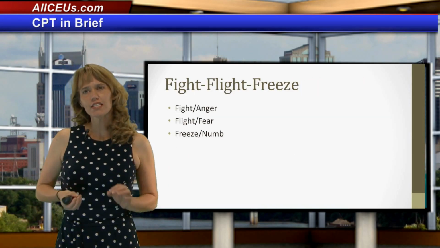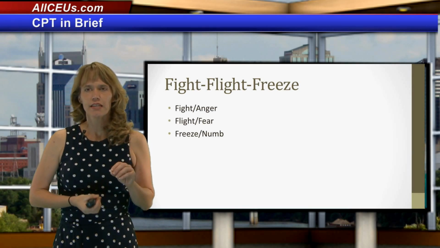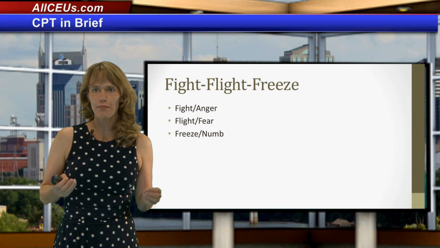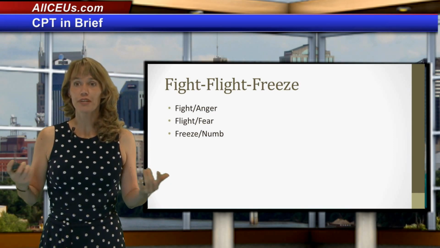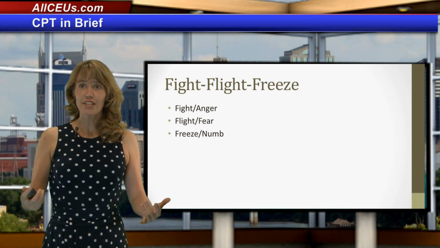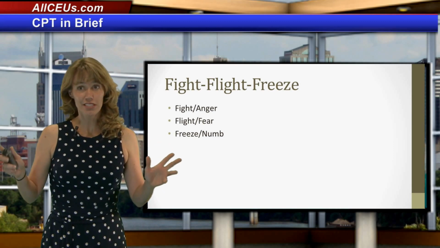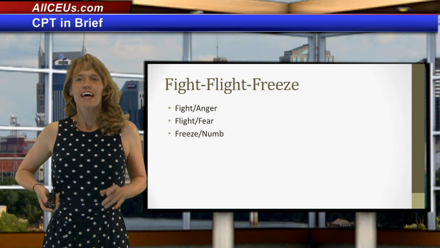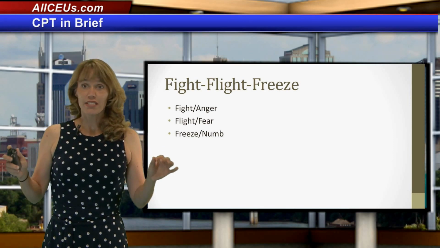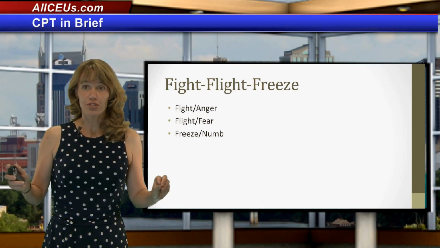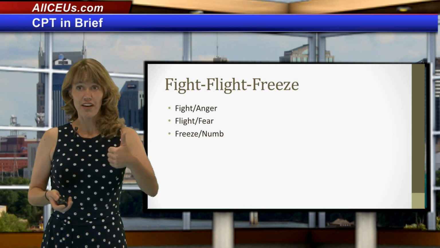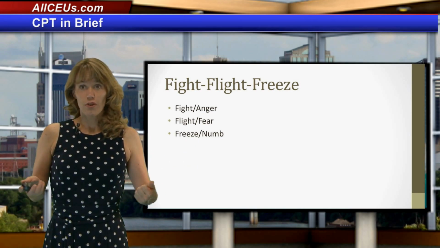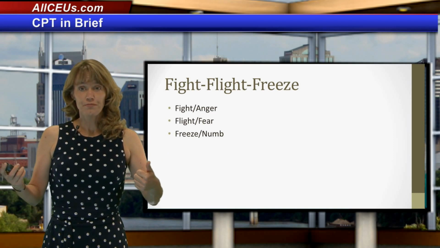So one of the things we're talking about in the PTSD realm and when people experience trauma is the body's natural reaction. The body's natural reaction, again, remember the body is really smart and really stupid sometimes, but we'll stay with smart right now. It says, I don't want to die. I don't want to be injured. So I'm either going to fight if I think that I can win this, or if I don't think other options are available.